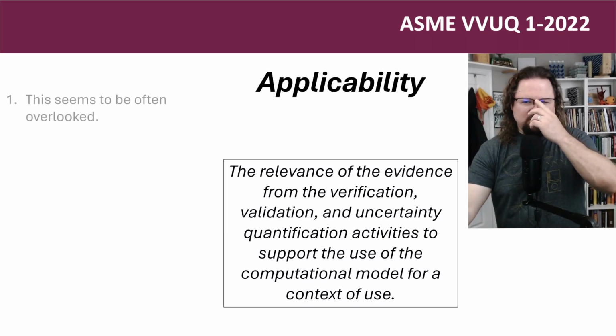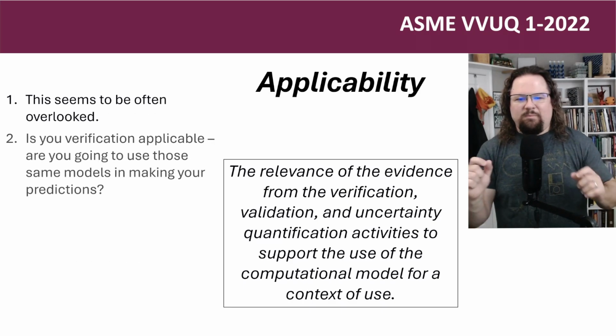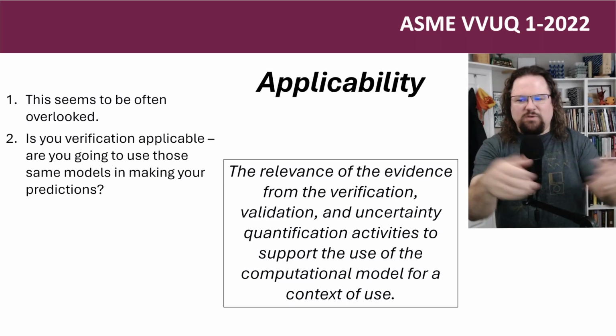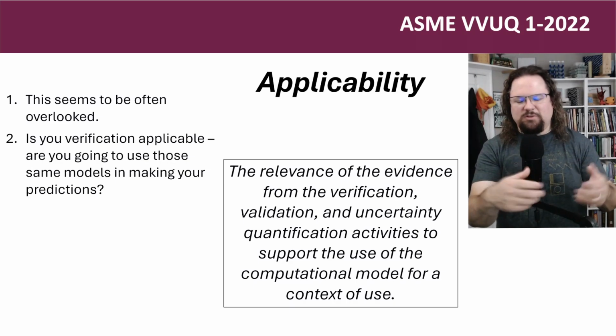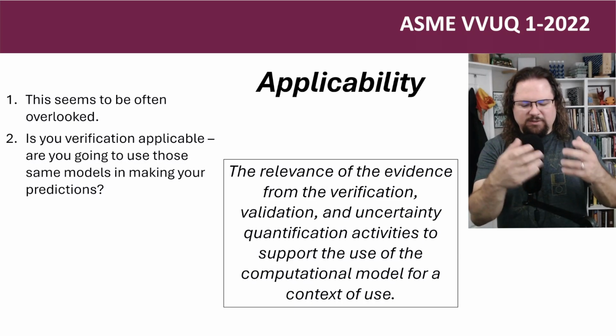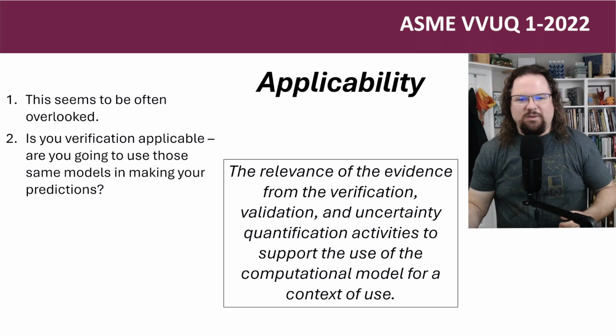Again, this is an area that's often overlooked. It's really tricky. One way to think of it: is your verification applicable? You performed all these verification activities. When we talked about code verification, let's say we verified that at a certain set of inputs, our mathematical model matched our computational model.